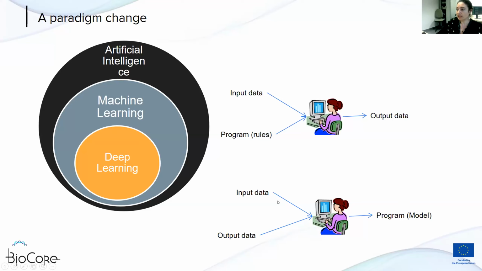In deep learning, you start with some input data and expected output data, and what you will design is a model. Then, of course, you can come back to the normal way of applying it, inferring it: you will be able to apply the model to any new input data, which is the purpose at the end.